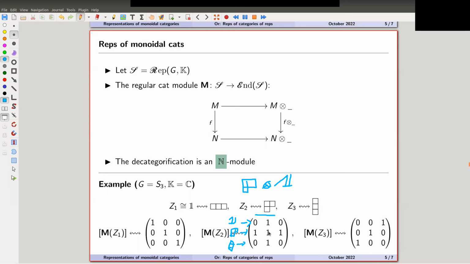Standard tensor itself is a direct sum over all of them, so I write one in every entry. Standard tensor sign is again standard, so I write this matrix. And similarly for the other ones. The sign representation behaves like an anti-diagonal matrix. So sign tensor trivial is sign, sign tensor standard is standard, sign tensor sign is trivial, and the trivial representation is like the identity matrix. So on the Grothendieck level, you see those matrices.